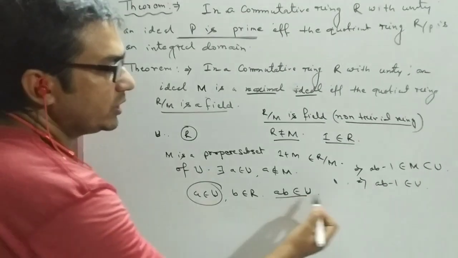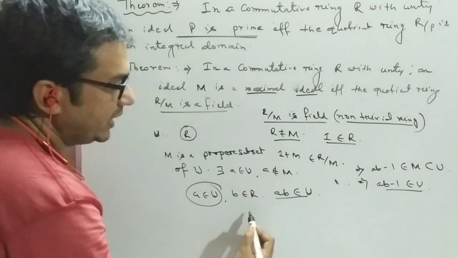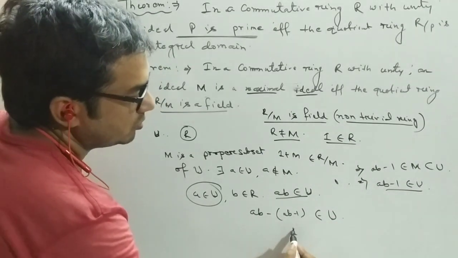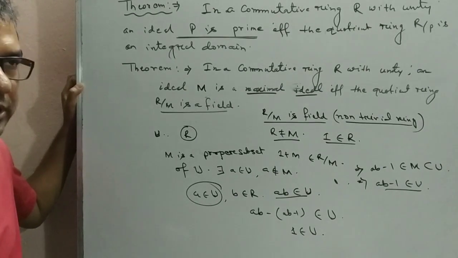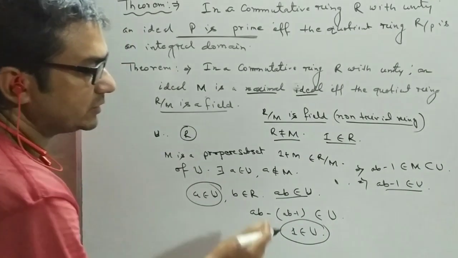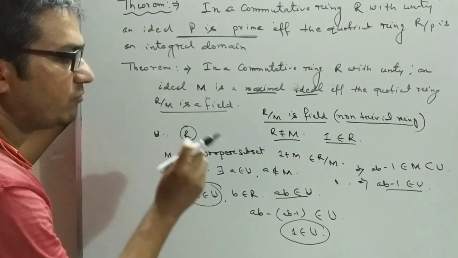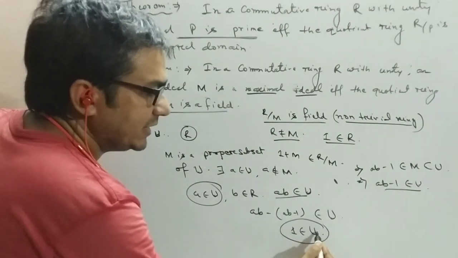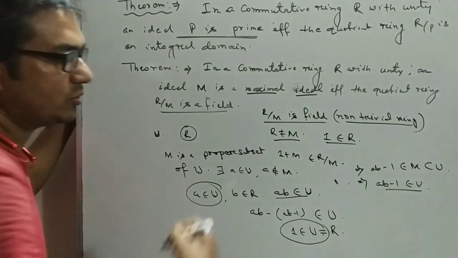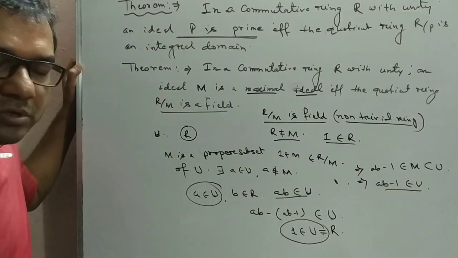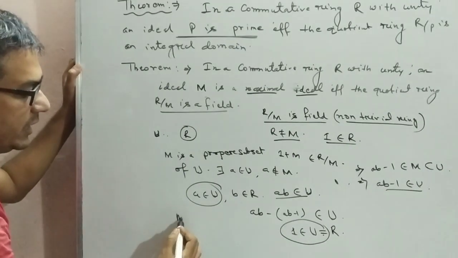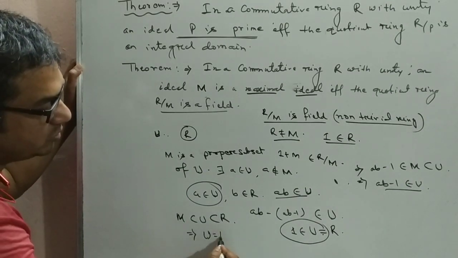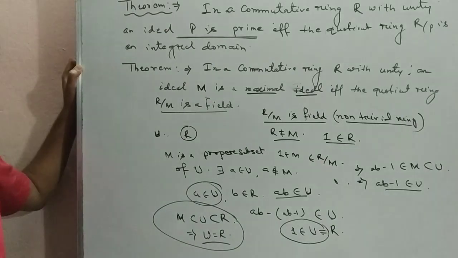AB belongs to U and AB minus 1 belongs to U, so 1 must belong to U. So the unity element of R belongs to the ideal U. Then the ideal must be the improper ideal, that is equal to R. So U equals R, that is, M subset U subset R implies U equals R, and this is the definition of maximal ideal.